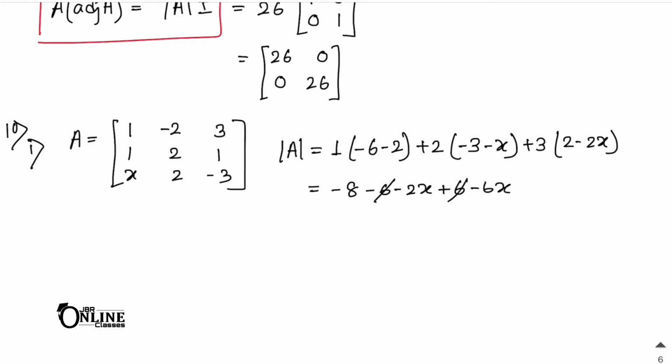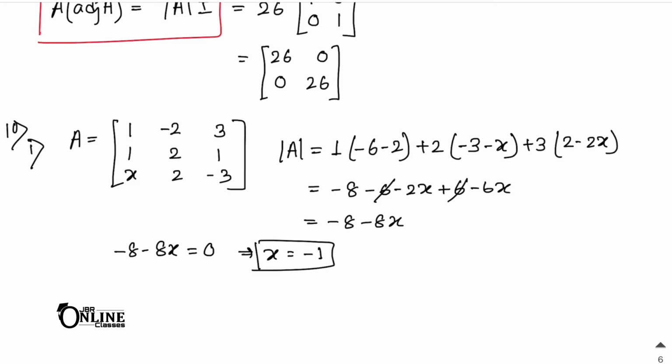So 6 cancels out, and we get minus 8 minus 8x. As A is a singular matrix, det A equals 0, that means minus 8 minus 8x equals 0. So from that, x equals minus 1. x equals minus 1 is your final answer.